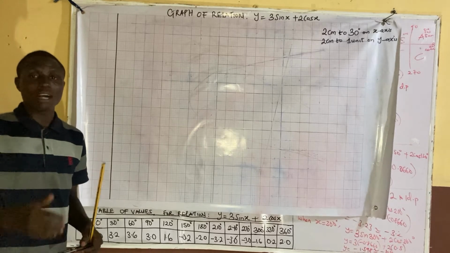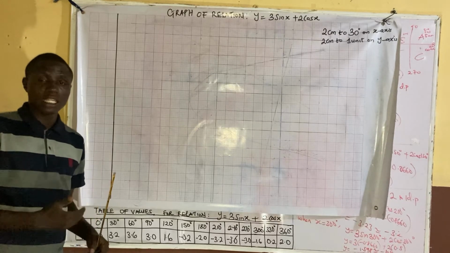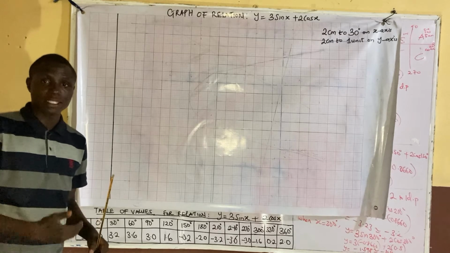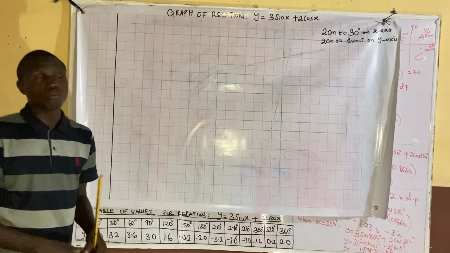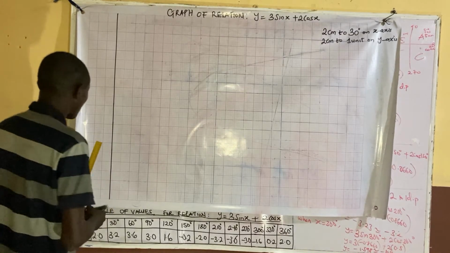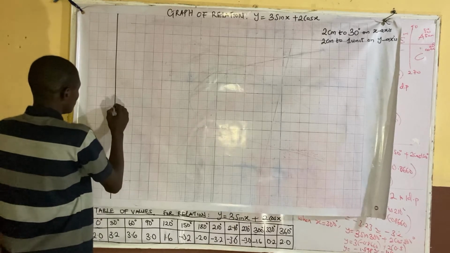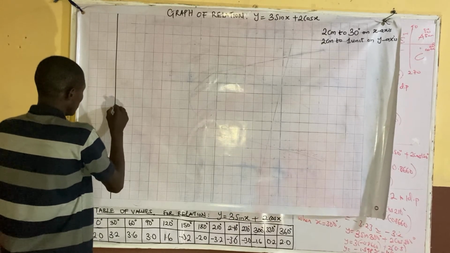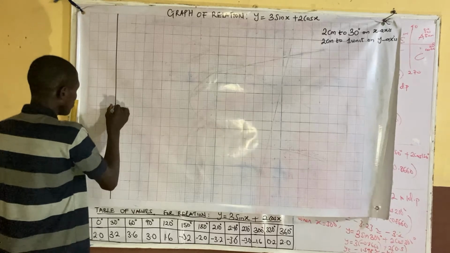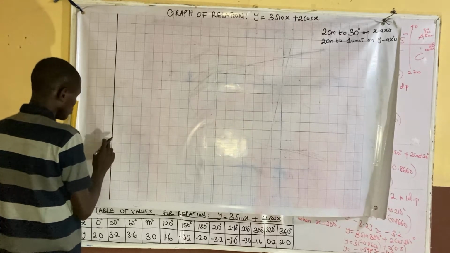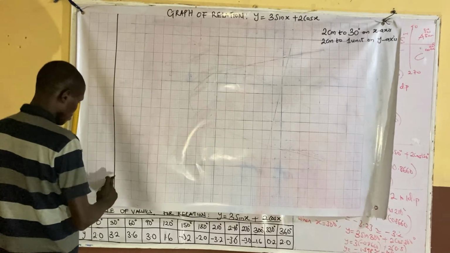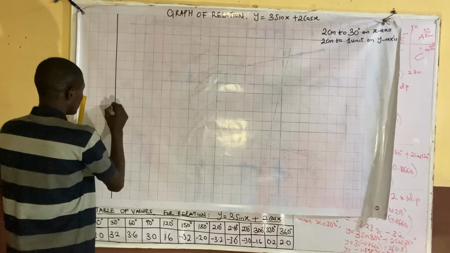I must have 1 to 4 on the negative y-axis, and 1 to 4 on the positive y-axis. So let me see if I can have something like that. I can take this place to bring my 0. Will I have 1, 2, 3, 4? I think I can.